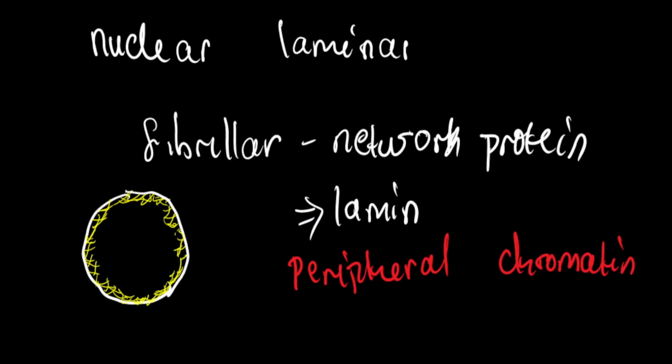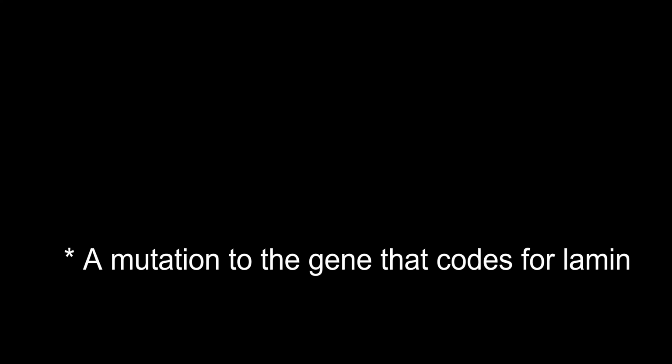Within the nucleus, we have some chromatins that are on the peripheral surface of the nuclear envelope, and the nuclear lamina helps to provide an attachment for peripheral chromatins. Also very important for us to take note of as we go on in our study is that a mutation could occur to the proteins that form the nuclear lamina. So we said the protein that forms the nuclear lamina is referred to as the lamin.